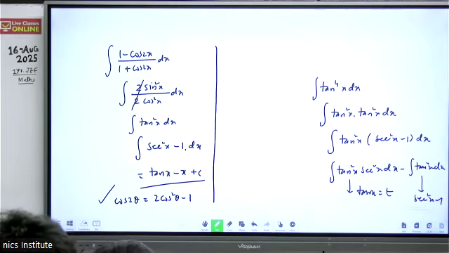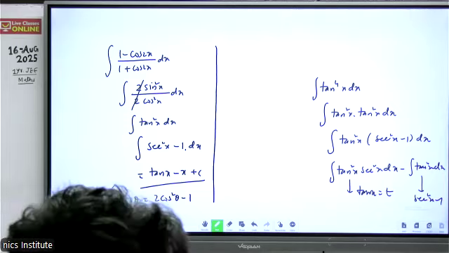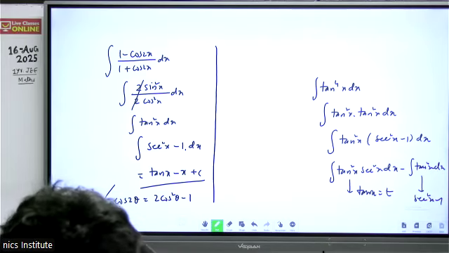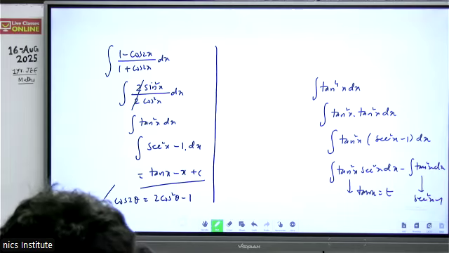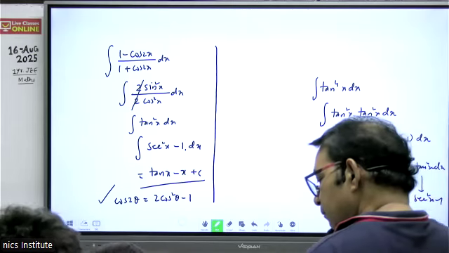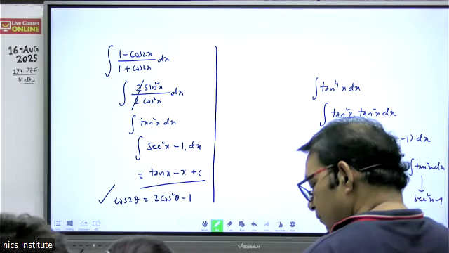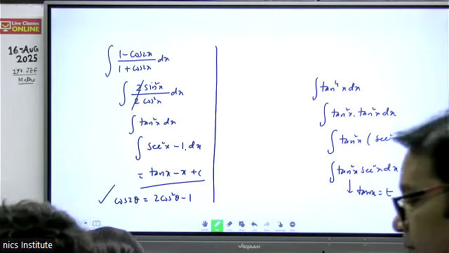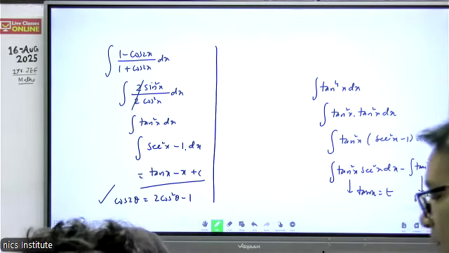Minus cot x. Tan x. You should ask yourself, whose derivative is this? Half angle formula.